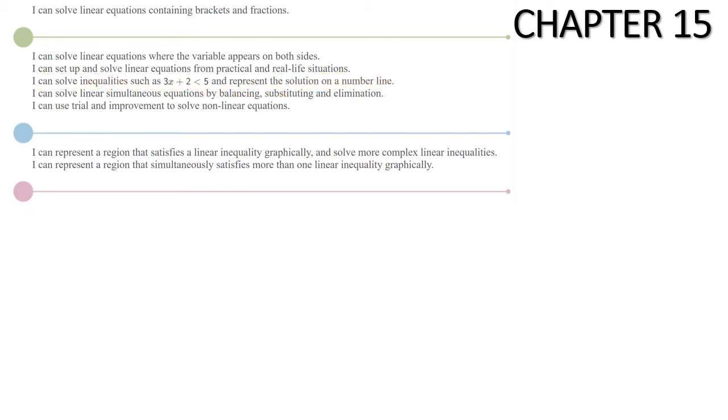So we now move on to this bit here, which is solving simultaneous equations by balancing, substituting and elimination. The method that we really use is going to be the elimination method. With the elimination method, the steps are that we need to multiply to make the numbers in front of x or y the same, or whatever letters you have. Then look to see if we have the same sign.